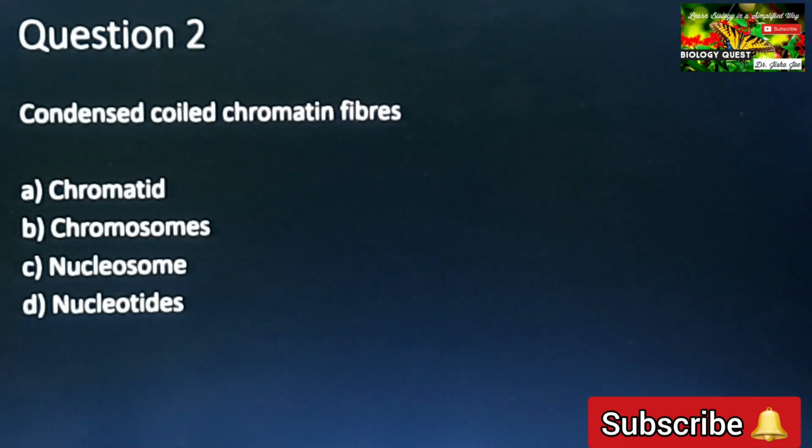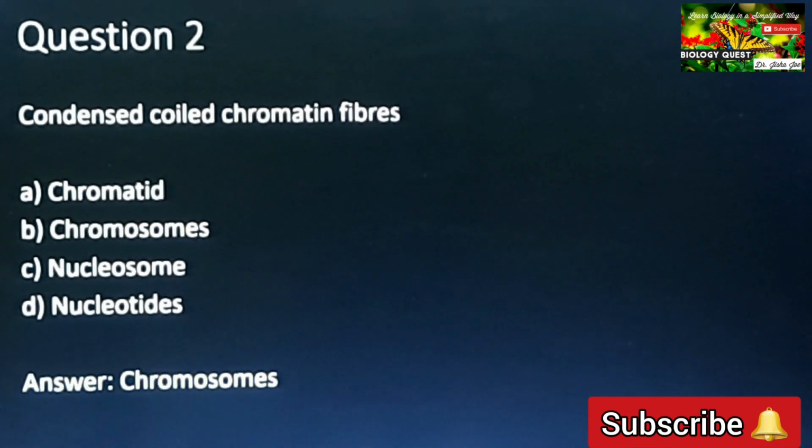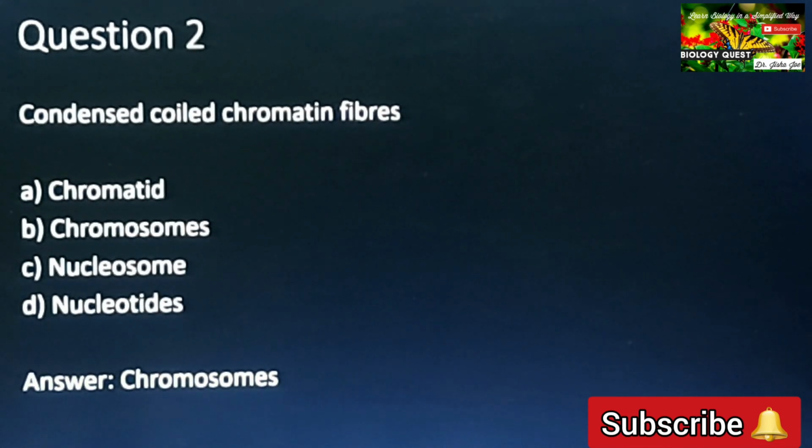So the chromatin is basically formed of several nucleosomes. And option D is nucleotides. What are nucleotides? The basic units of the DNA are the nucleotides. So what is the correct option? Option B is the correct answer. Condensed coiled chromatin fibers are the chromosomes.